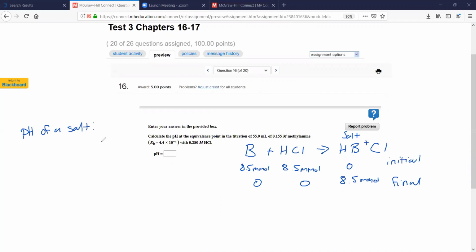You use the Kb to get the Ka, yep, you go between Kb and Ka. So if this is the Kb of methylamine, then HB plus is the conjugate acid of methylamine.